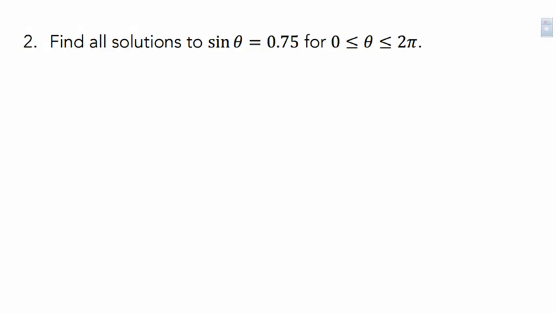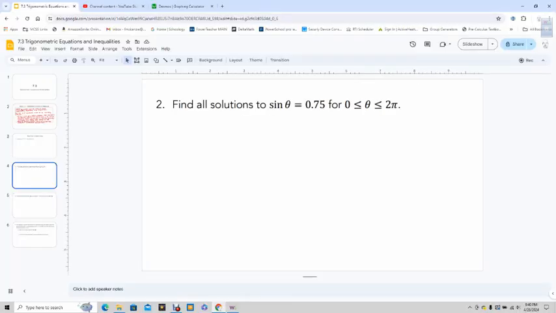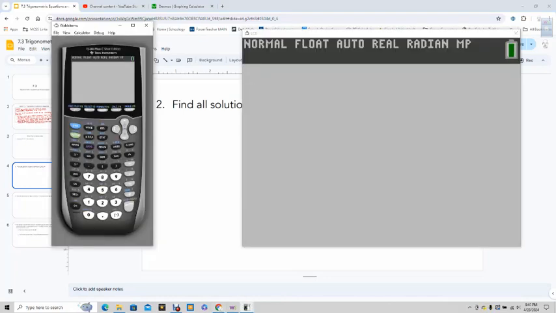All right, so just to make sure that you're getting it, let me show you real quick on the calculator what we did there. Remember we found the inverse sine, so second sine of 0.75, enter.